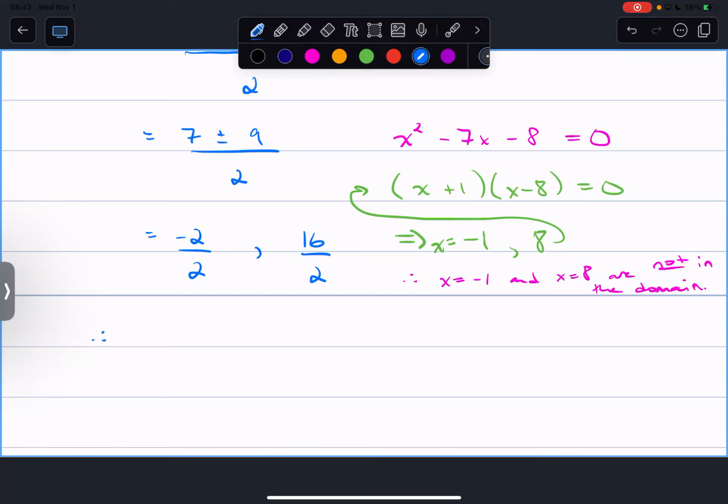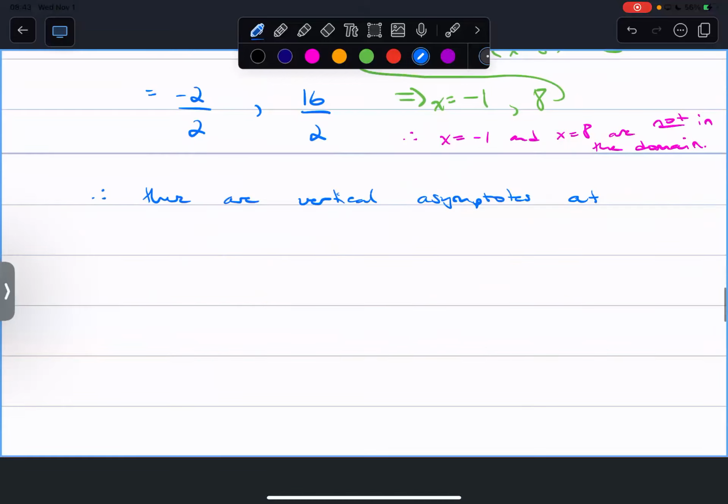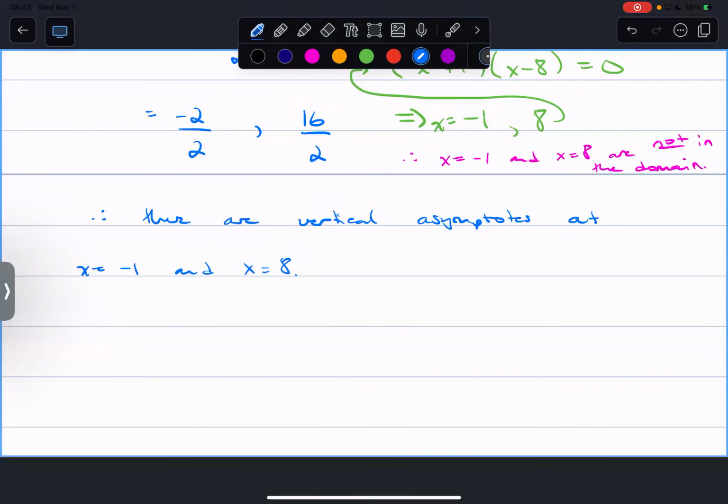Therefore, there are vertical asymptotes at x equal -1 and x equal to 8. We don't know what the behavior is yet, but we were just asked to find the vertical asymptotes.